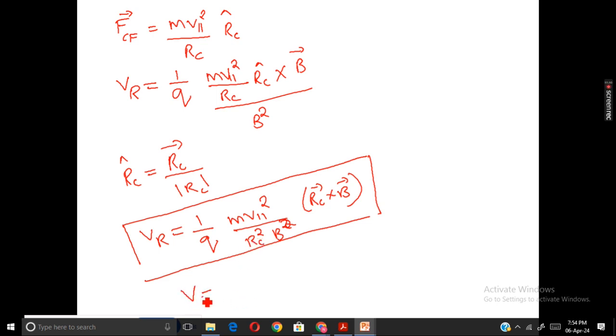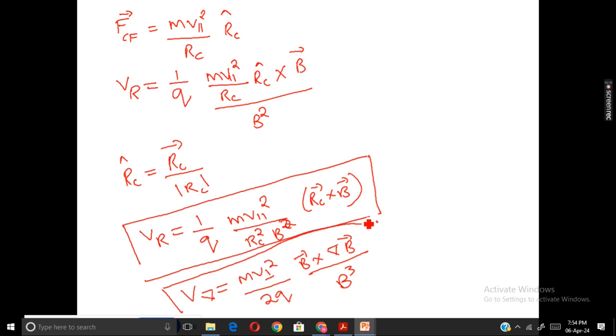And earlier we learned that the drift velocity due to the gradient of the magnetic field was m v perpendicular square by 2q into B cross del B by B. This is just another form of writing the equation.